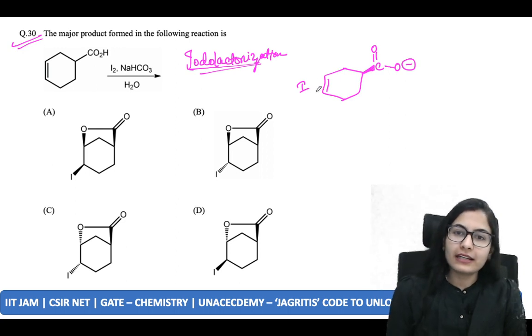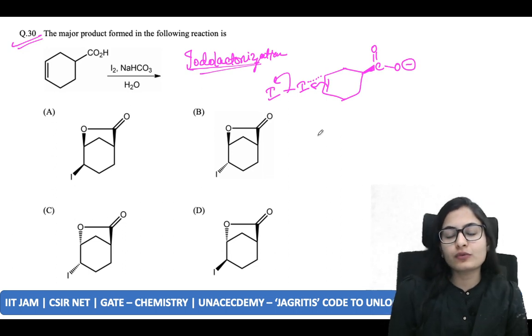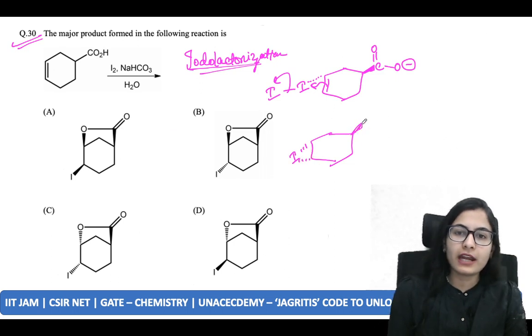Because the carboxylate is above, you are adding the iodine from below. Let's say the double bond is going to attack the iodine, and it is going to be electrophilic addition to the alkene. So what you are going to write is iodine below in this manner, and the carboxylic group above. O minus I'm writing on this side.